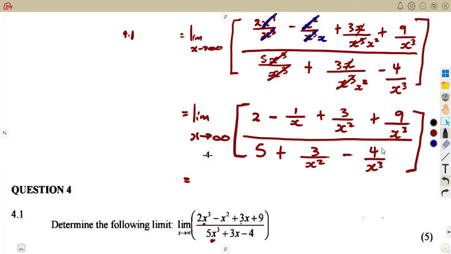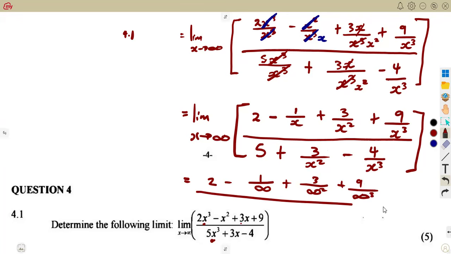Once you substitute, it means there is now an infinity everywhere. So you do not write the limit here when you substitute. You were writing the limit before. Now you substitute. So it was going to be 2 minus 1 over infinity plus 3 over infinity squared plus 9 over infinity cubed, everything like that.